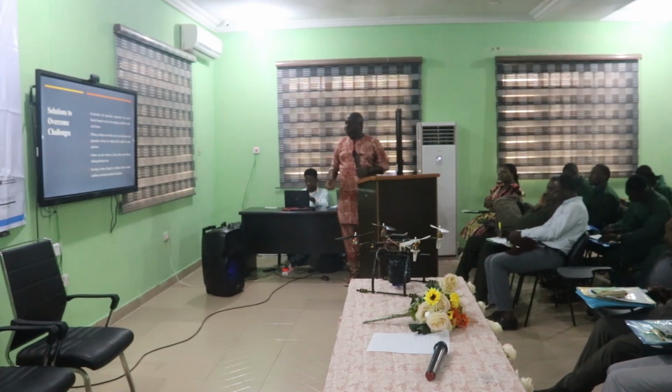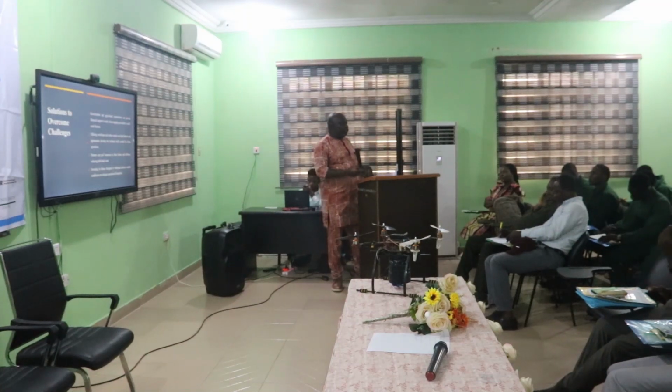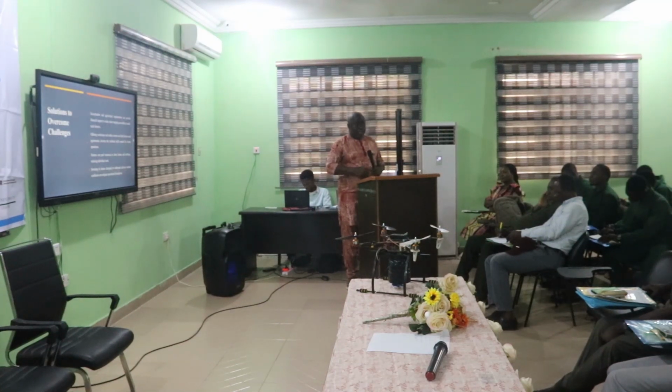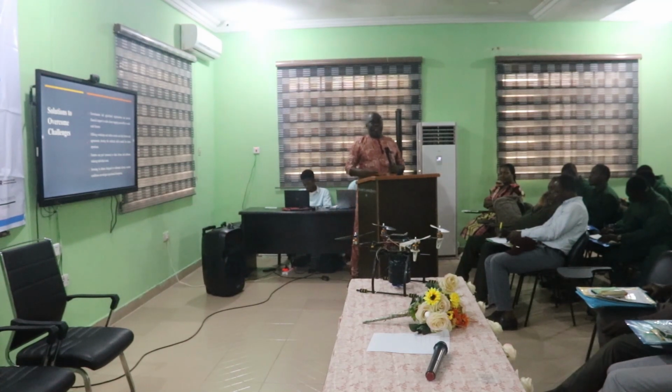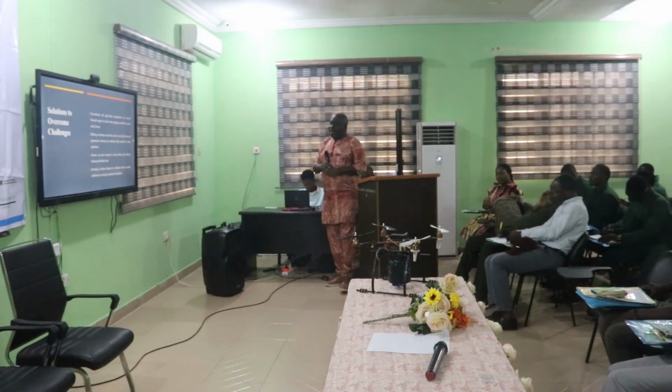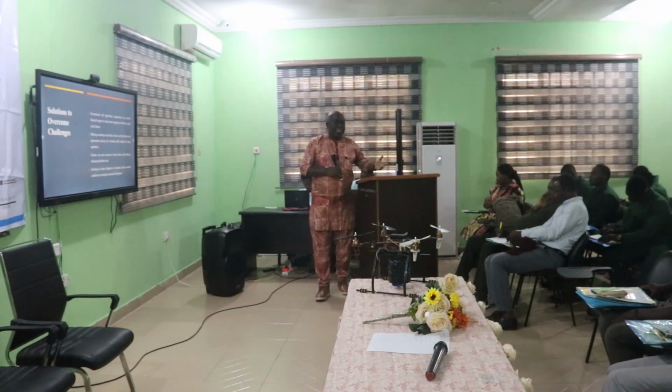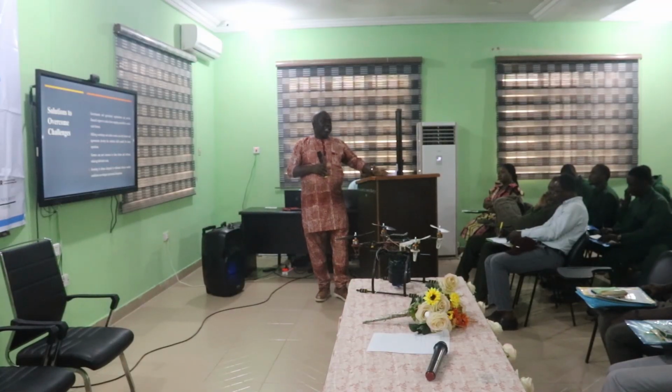Outside all of this, yes, government can intervene. We know we cannot totally depend on governments, but I believe that farmers can come together and get one. It's relatively not that expensive.